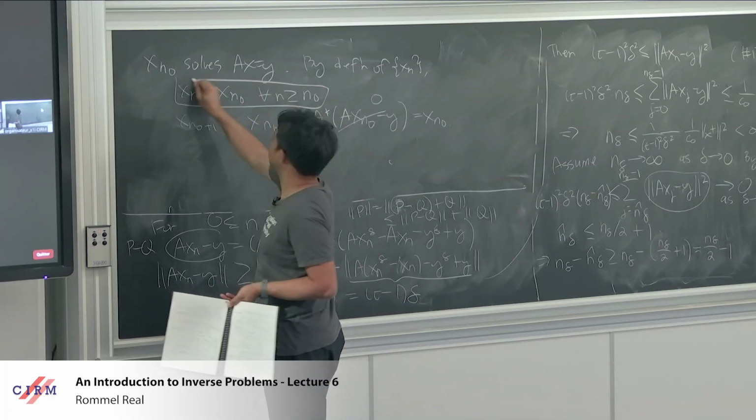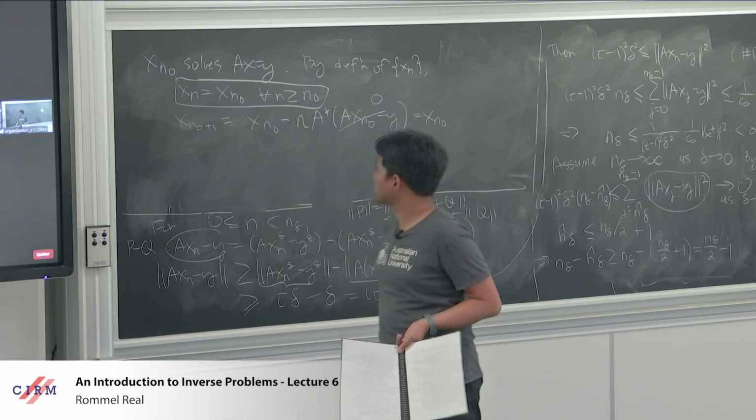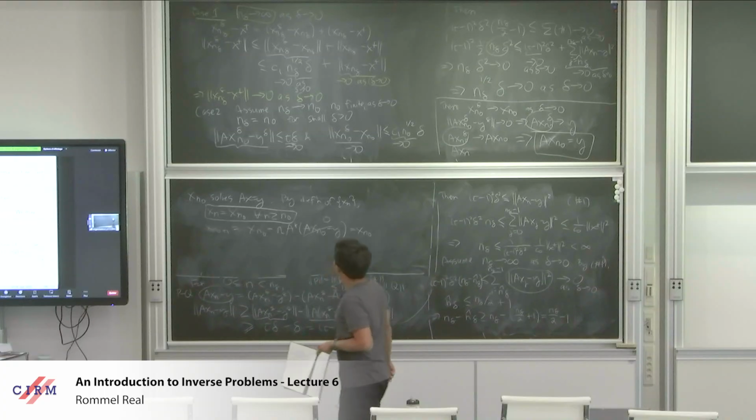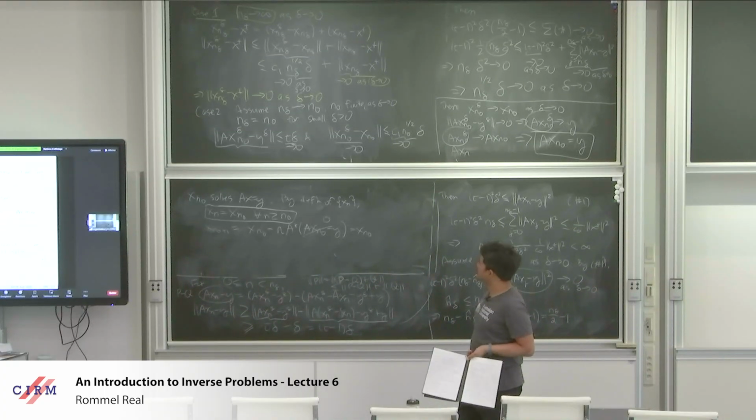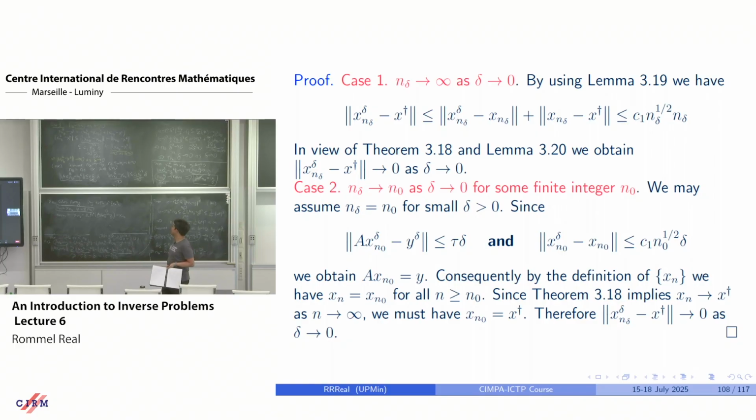Okay? So that means that in the Landweber iteration, by the discrepancy principle, the solution doesn't change when we go beyond n sub O iterations.